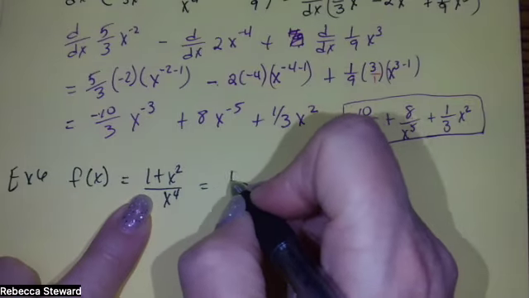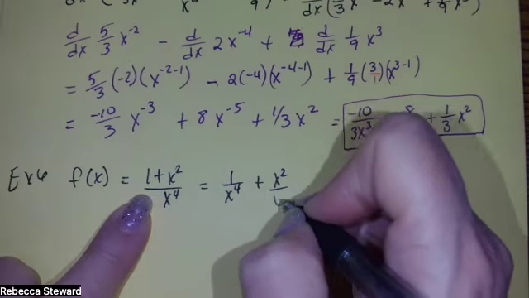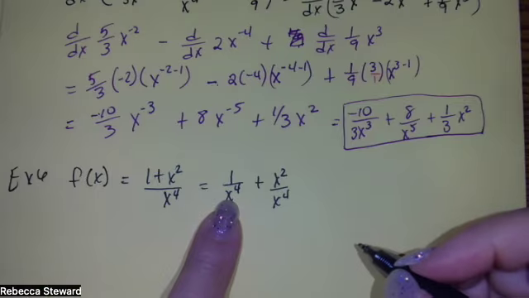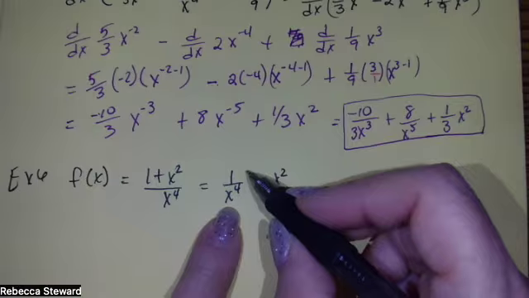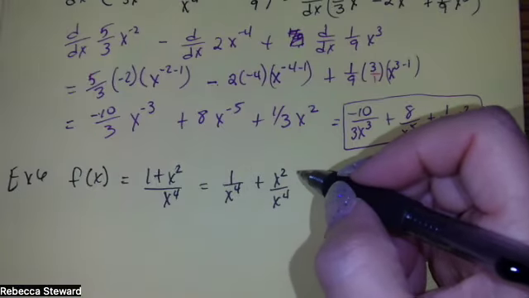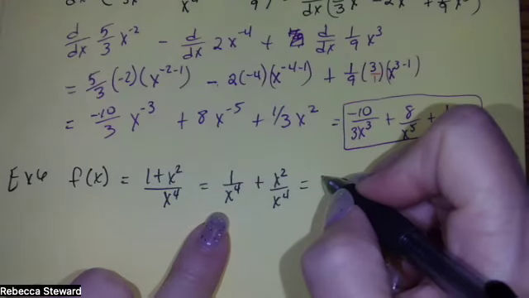So we're going to have 1 over x to the 4th plus x squared over x to the 4th. Well, we need to, again, rewrite things here. This will reduce because we have 2 on the top and 4 on the bottom.